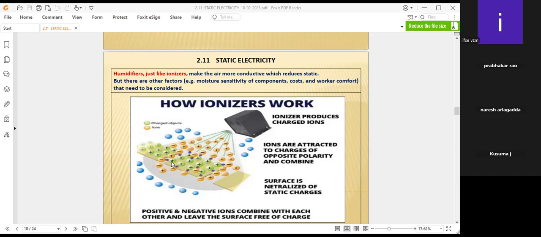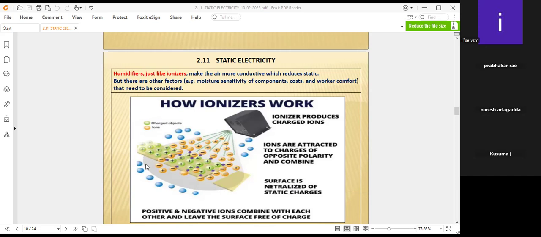It will be ionized and make the atmosphere neutral because of the release of charged ions from the ionizer. Because of the ionizer releasing charge onto the charged object, attraction and repulsion happen, and finally the surface is neutralized of static charges.